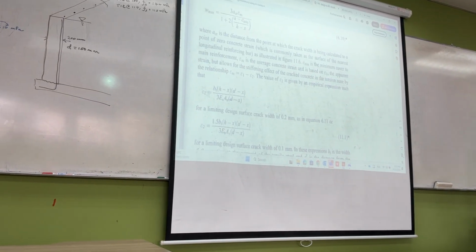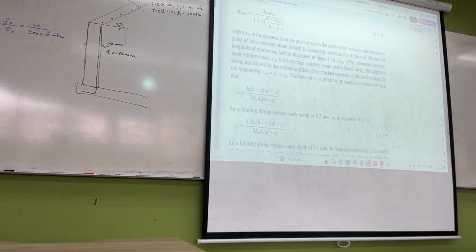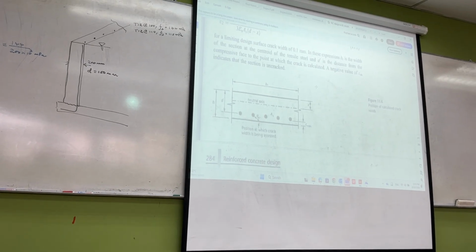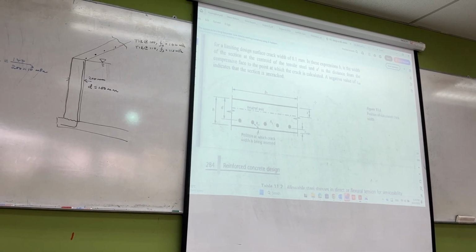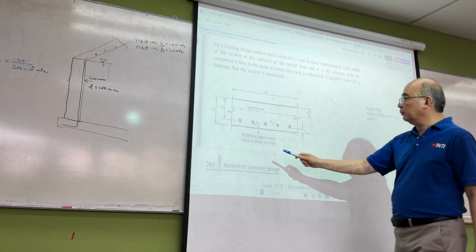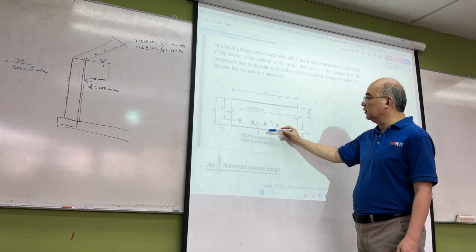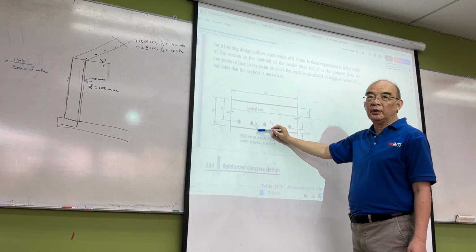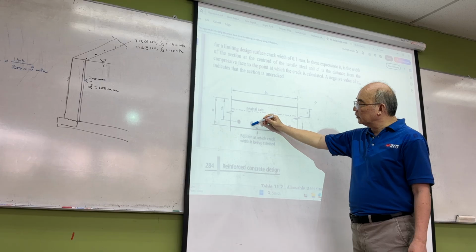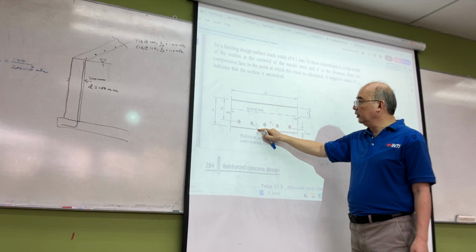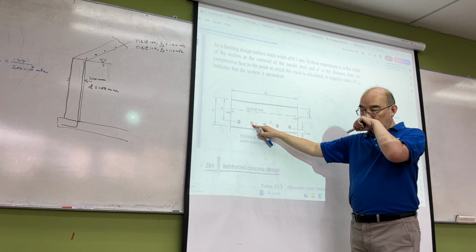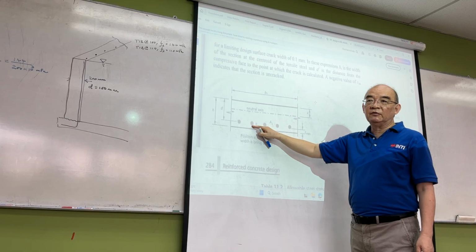So they use 11.6 to illustrate. This is the position at which crack width is being assessed. Let's say you want to assess the crack width here. So A crack is from this crack to the surface, the nearest surface rebar.